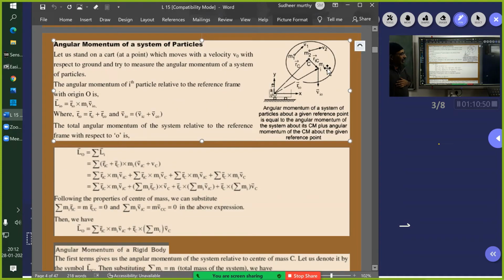Summation mi is equal to the total mass, and here you have got the mi quantities.